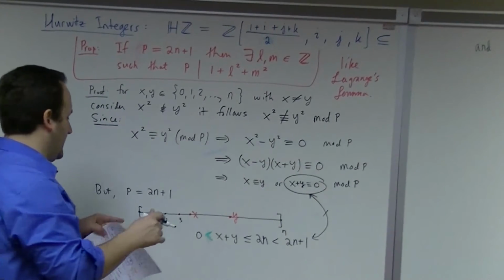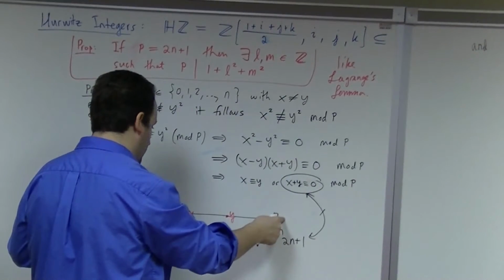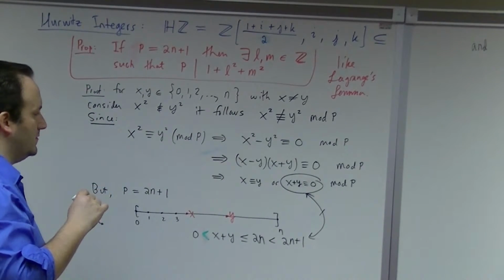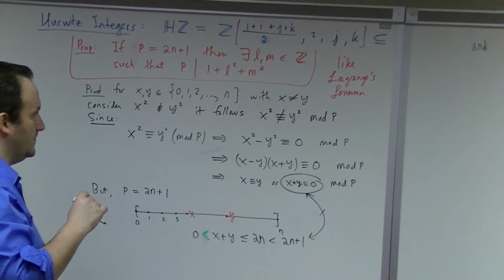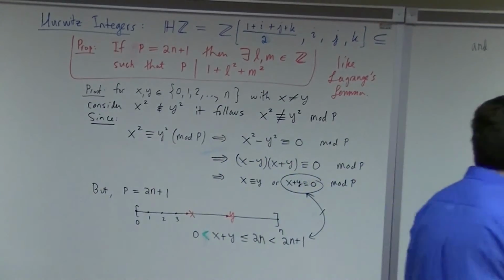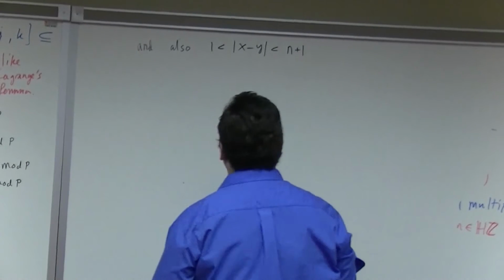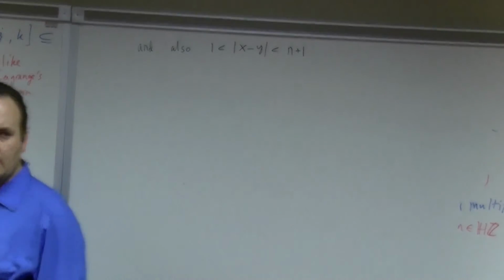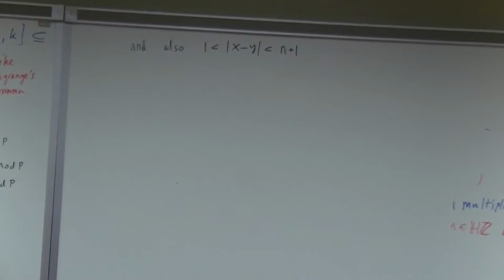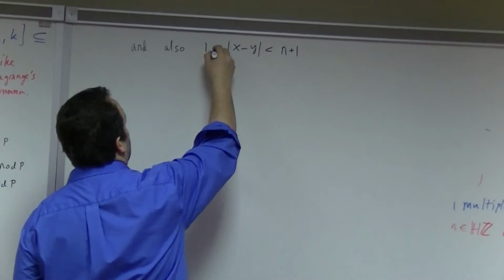What I'm saying is, what if x and y are on the extremes of this? Then they're n apart. Oh, so I could just put an n there, right? I could make this plus 1. Shouldn't it also be like 1 is less than or equal to? Yeah. Yes.